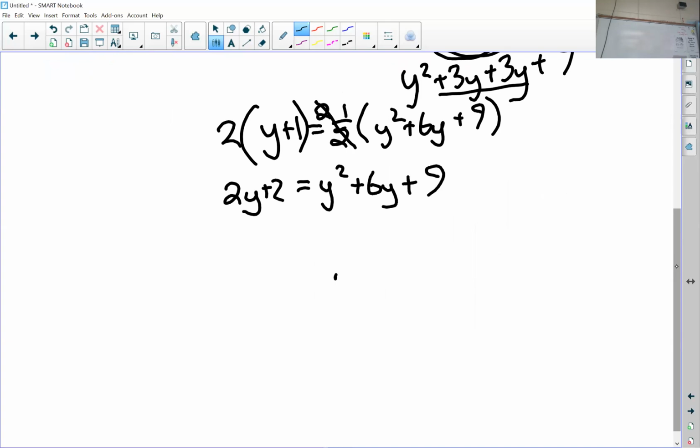What do I have to do next? So I got to get it equal to 0, correct? Because I want to move everything over so that it's equal to 0, because quadratics have to equal 0 before I can solve, correct? So minus 2y, minus 2.